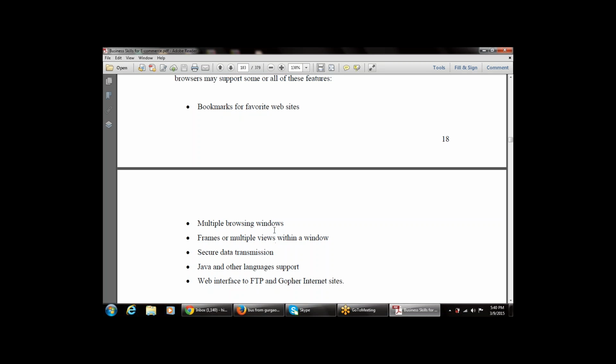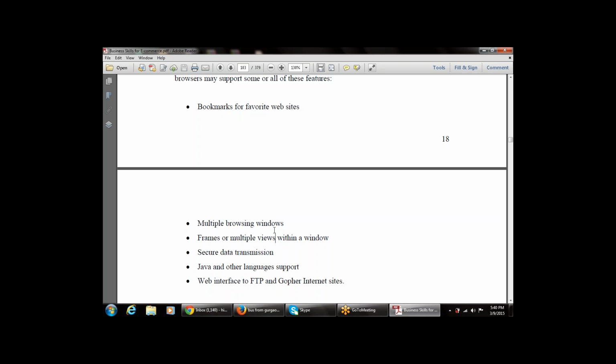This is also a feature: the data transmitted over the internet through the web browser is secure. That is, there is no hacking of the data whenever it passes from the sender to the receiver. Then Java and other languages support is also available.